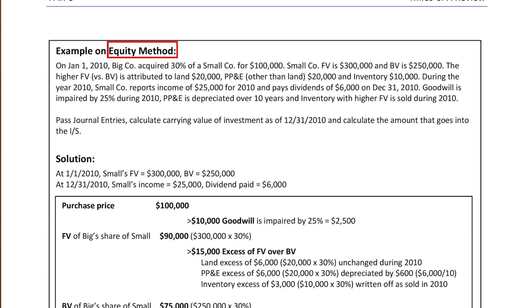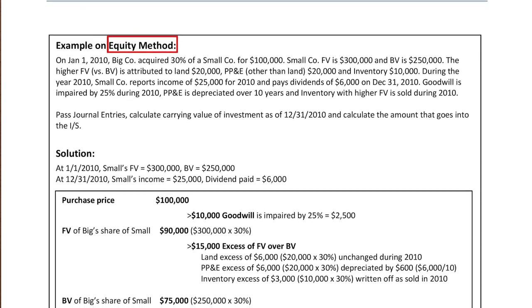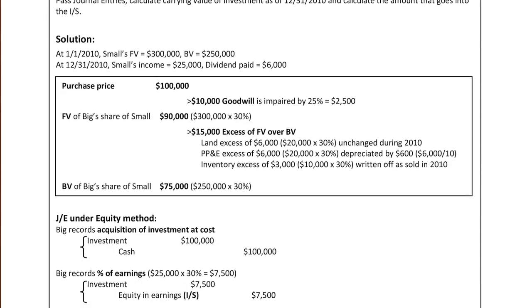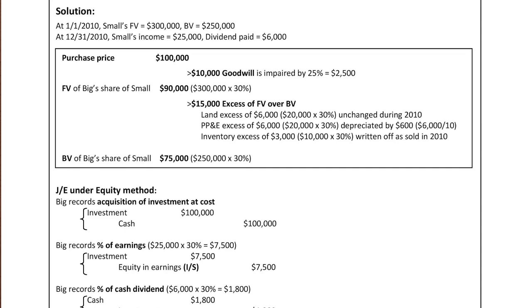So the excess $50,000 fair value is attributed to land $20,000, PP&E other than land $20,000 and inventory $10,000. Now, during the year, small company reports income of $25,000 and pays dividends of $6,000. And then we have a note that goodwill is impaired by 25% during the year. PP&E is to be depreciated over 10 years and inventory with a higher fair value is sold during the year.